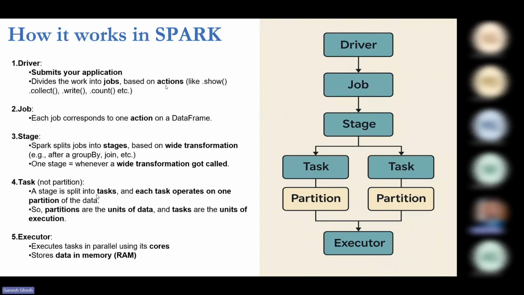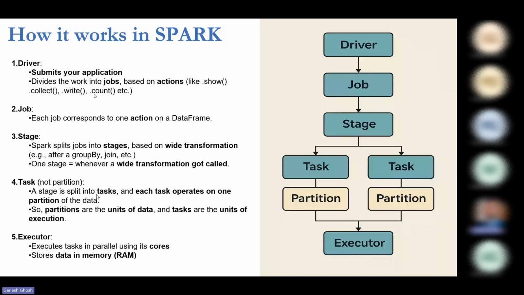So suppose we have a job where we are reading data, I mean reading a file, then doing one or two transformations, then calling an action. Let's suppose calling an action to show the data, or collect the data, or count the data, that is an action. So whenever an action gets called, that will create a job.